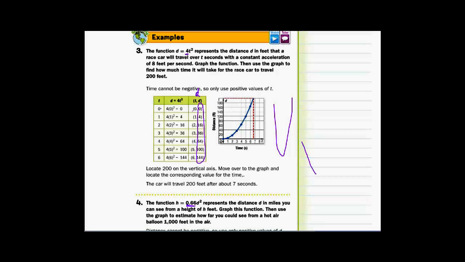All that means is whenever you graph it, it's not going to rise as quickly. So that would look like that, whereas something like y equals 4x squared would look like that. It's going to be steeper. So that's just something I want you to keep in mind whenever you're doing these.